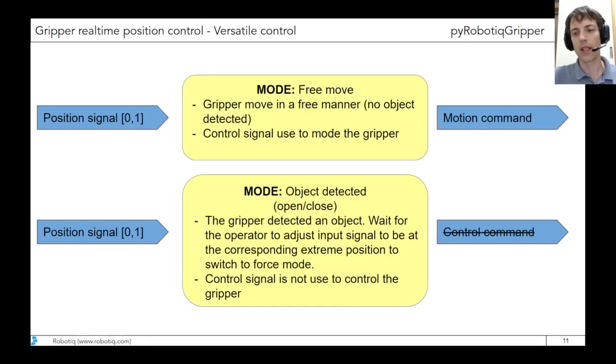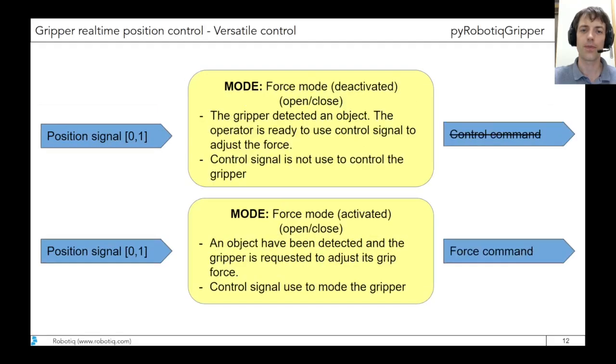We don't send any control command. We just wait for the operator to release the trigger or push the trigger, depending on the open or close detection. So it's just a mode where we wait for the operator to position the joystick in a certain position. Then, once the joystick is in the correct position, we enter the force mode deactivated.